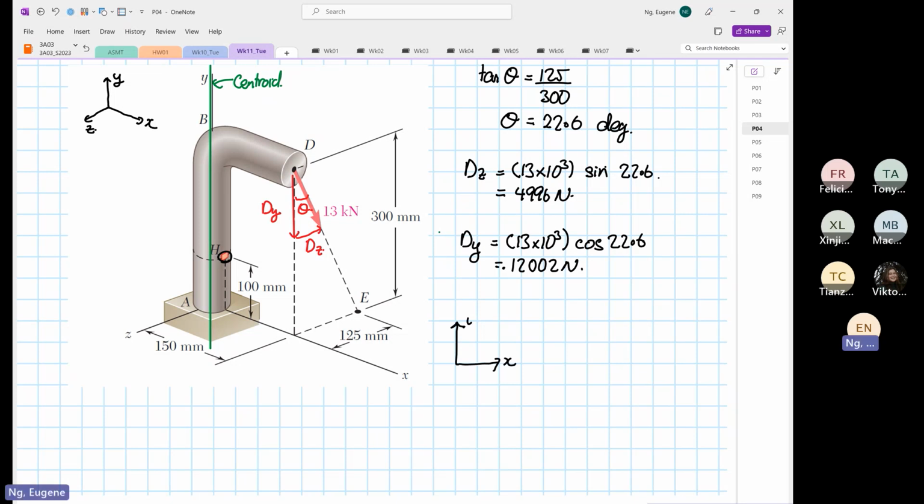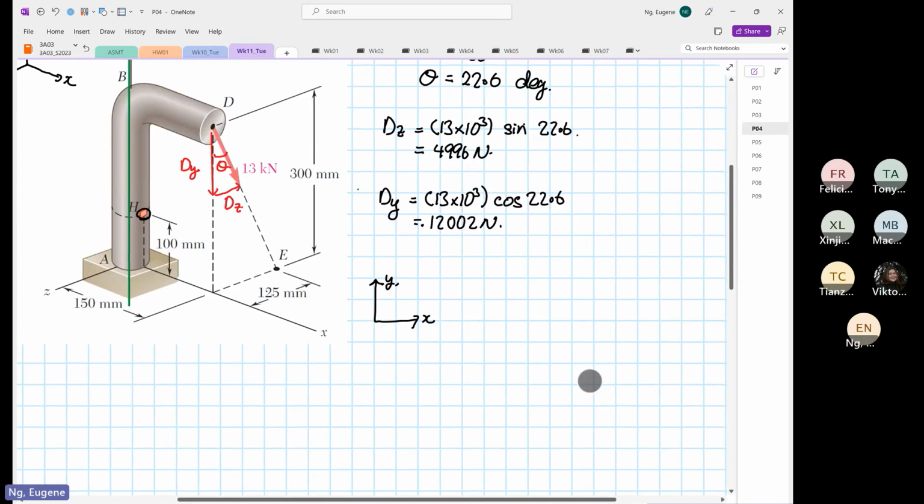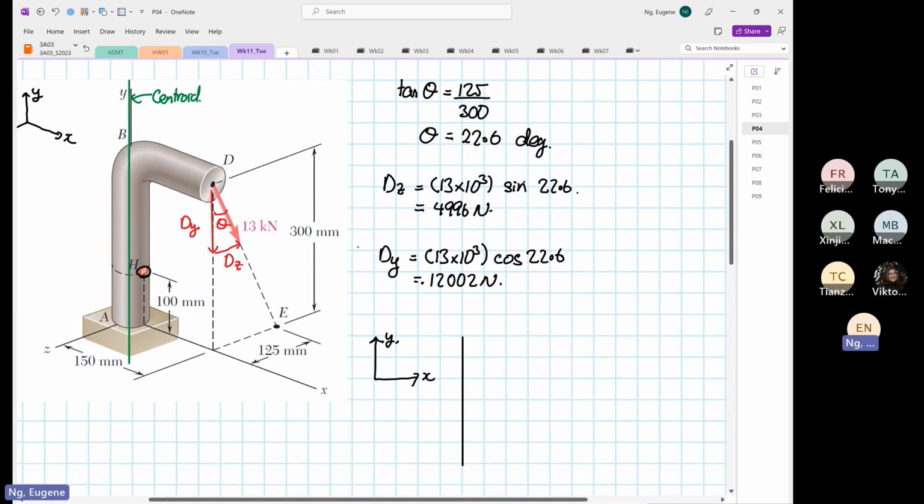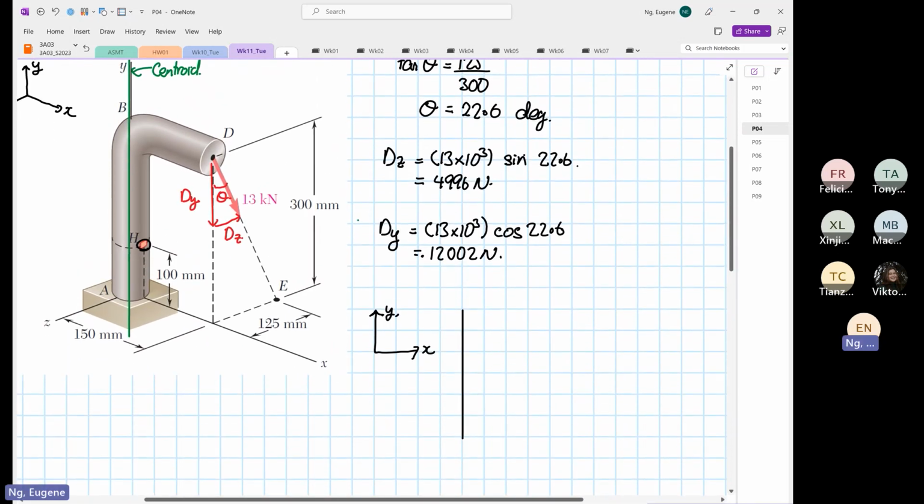So this is X and this is Y. And then we have 300, so I will sketch this out, and then 150, and then it's going to come here.